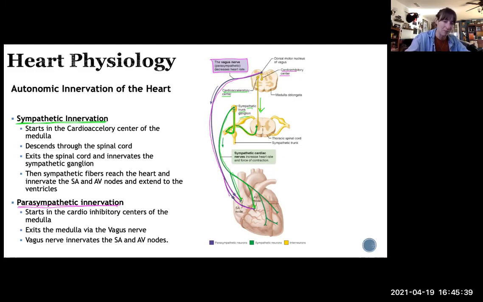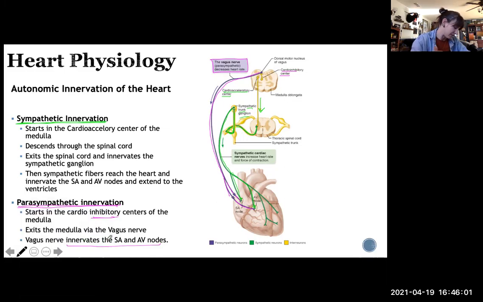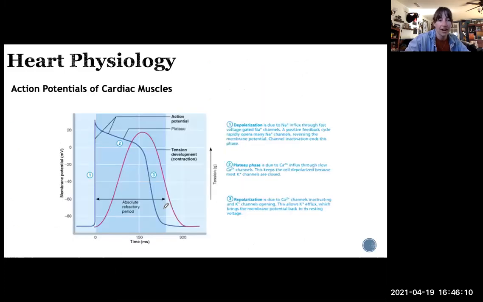We're in rest and digest mode right now. It starts in the cardioinhibitory center. We are inhibiting the speed of the heart. It exits the medulla of the brainstem to the SA and AV nodes. So they both innervate the same thing. That's really important. And really, it's just autonomic nervous system stuff that we should know. Okay. All right, good deal.